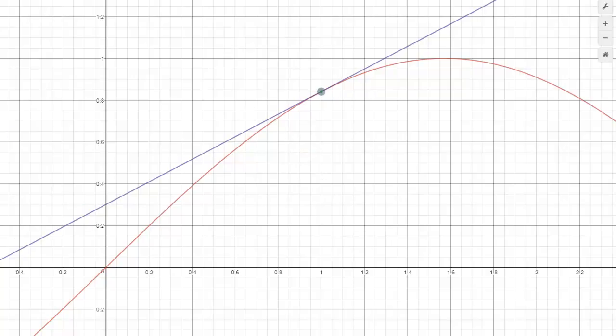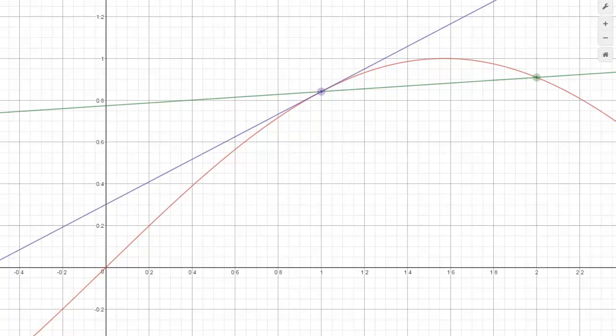Okay, so let's see here. See as I move my other point. The purple line is the tangent line of sine x when x equals 1. Let's see as I move that green point closer and closer. See how the green line looks very dissimilar to the actual tangent line.